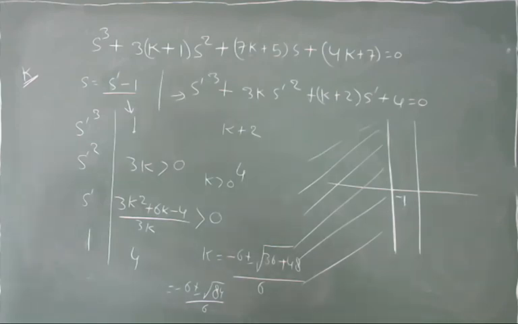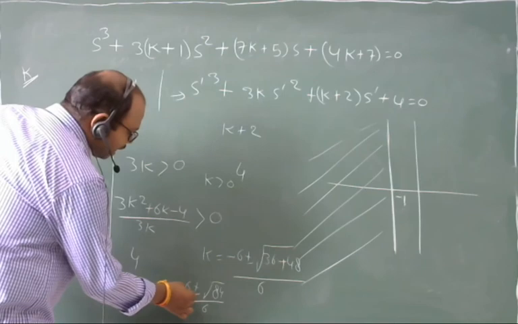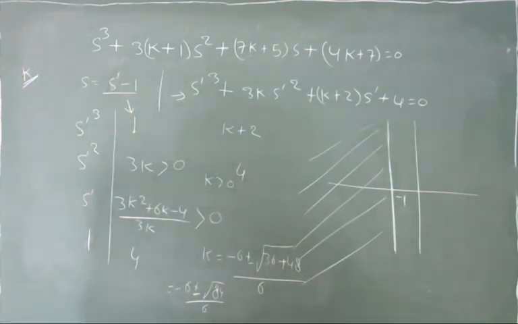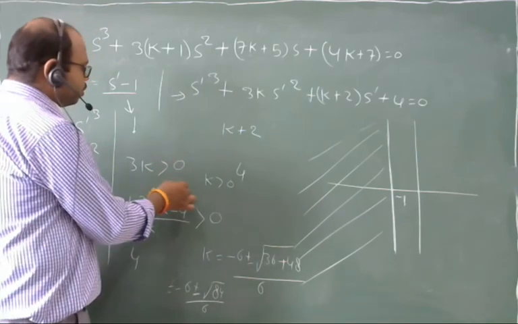Now, if I am taking the minus sign, then this value will be negative, but k should always be positive.